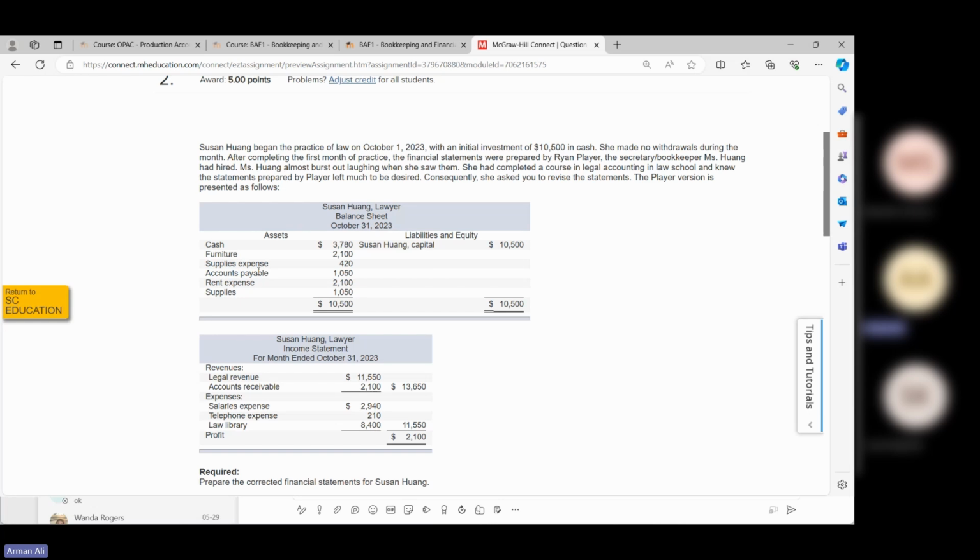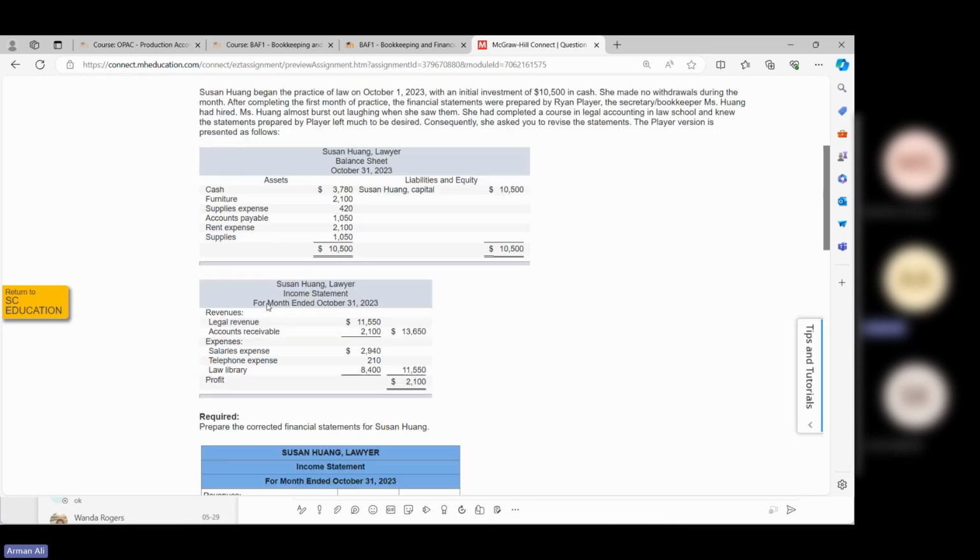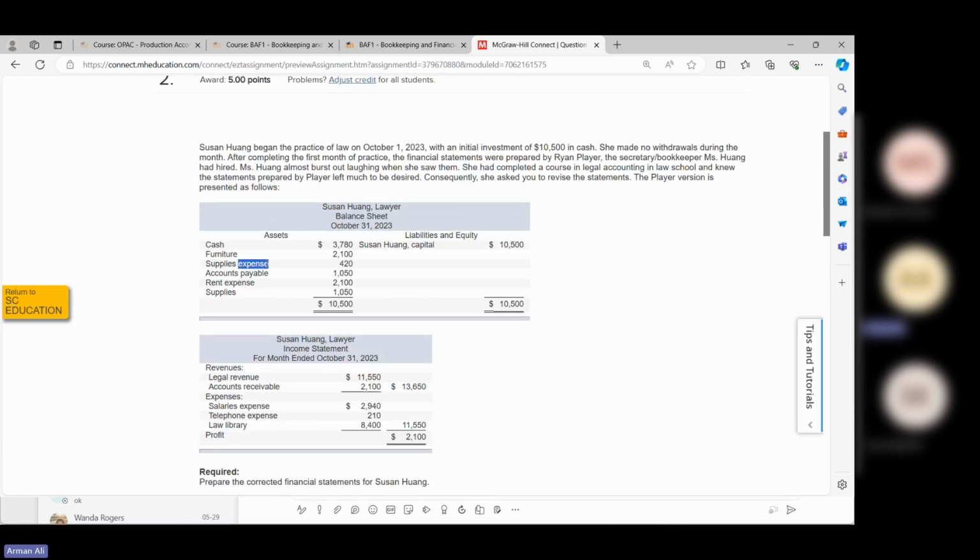Anything that says income goes in the income statement as revenue. Anything that says expense goes in the income statement as an expense. Accounts payable, anything that says payable is a liability. Rent expense, it's an expense. Supplies, standalone supplies, is an asset. It's like an inventory.